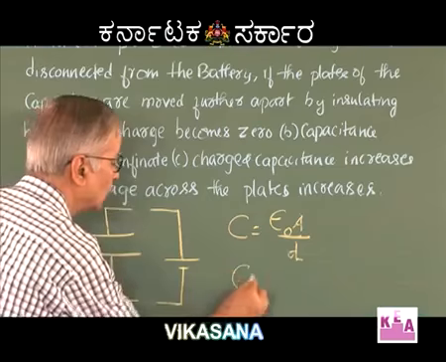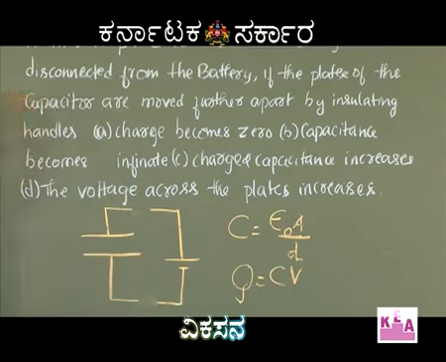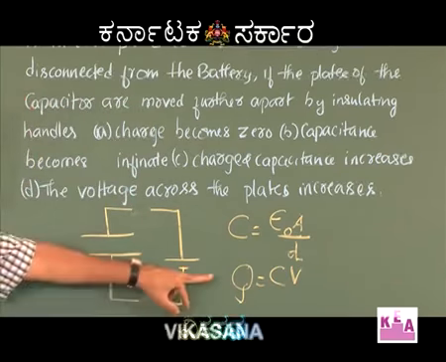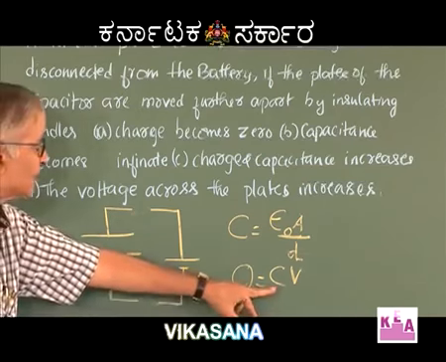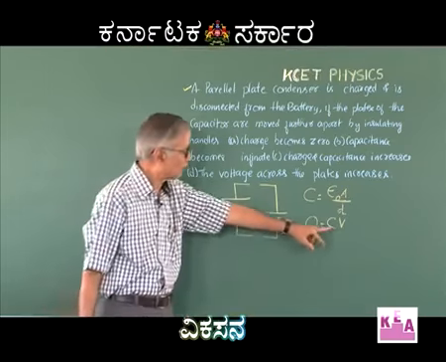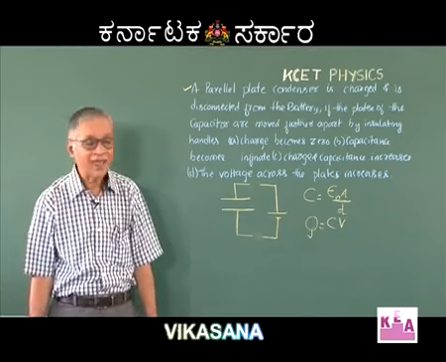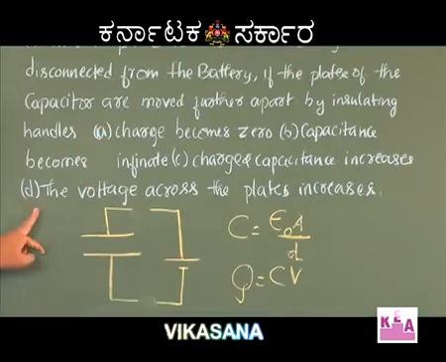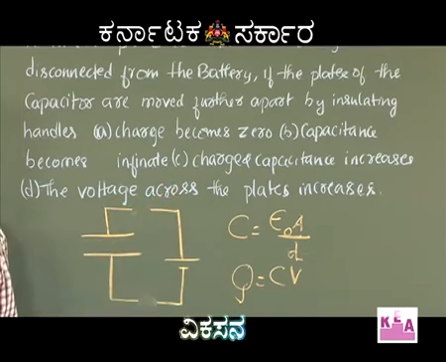Consider Q is equal to C multiplied by V. Charge remains constant, but the capacity decreases, so the potential difference between the plates must increase. Hence, the right option is D, that is, voltage across the plates increases.